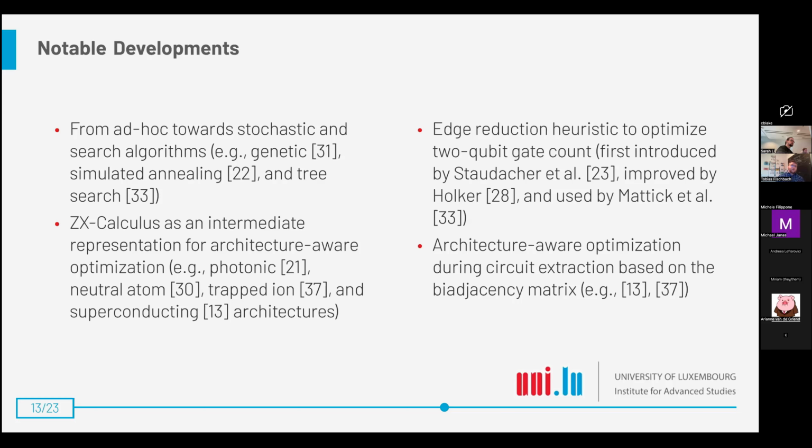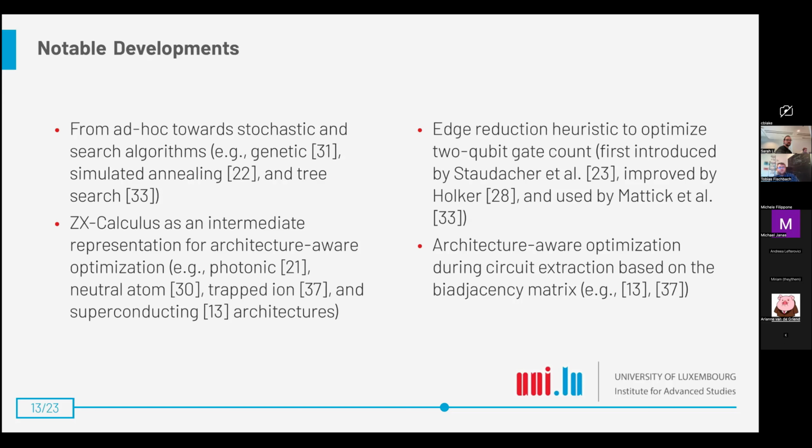And then this concept was directly used by Matic et al., which combined tree search with a reinforcement learning heuristic, basically replacing the heuristic and the tree search with a reinforcement learning model based on these causal flow preserving rewriting rules. I thought this was kind of cool because you could really see the development of this idea in real time.